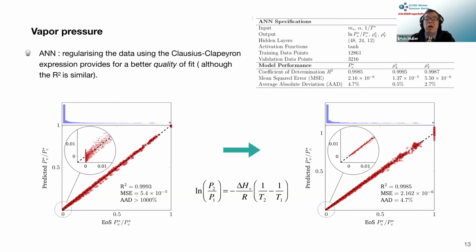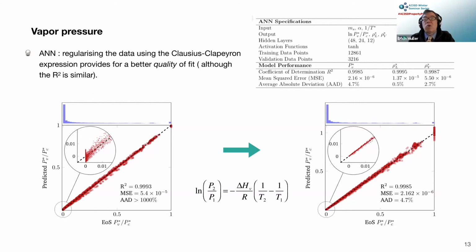From the numerical point of view, it looks very good. R square is high. Everything looks nice. But if we start looking a little bit more and zoom in at the detail of the low pressure errors, we start seeing that it doesn't look that good, and that there's a lot of dispersion.